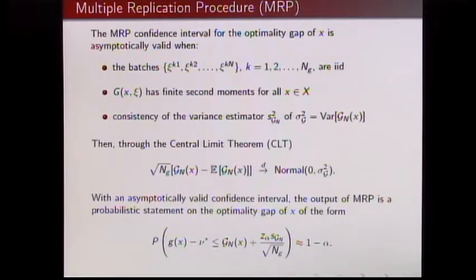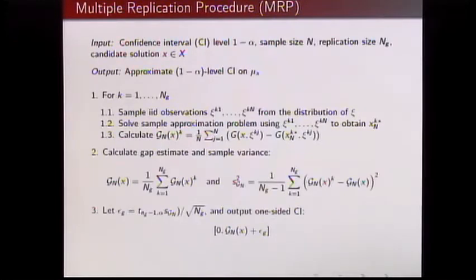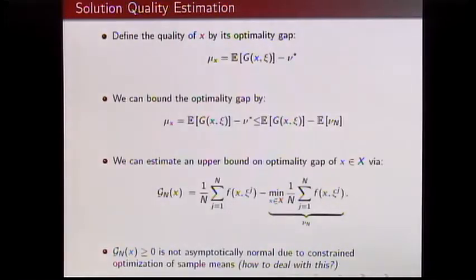So I have G, my optimality gap estimator, and in the central limit theorem, I subtract its mean. Do you remember what the mean of my optimality gap estimator is? Is it the optimality gap? No, it's not. This is my optimality gap estimator, and its mean is this quantity.